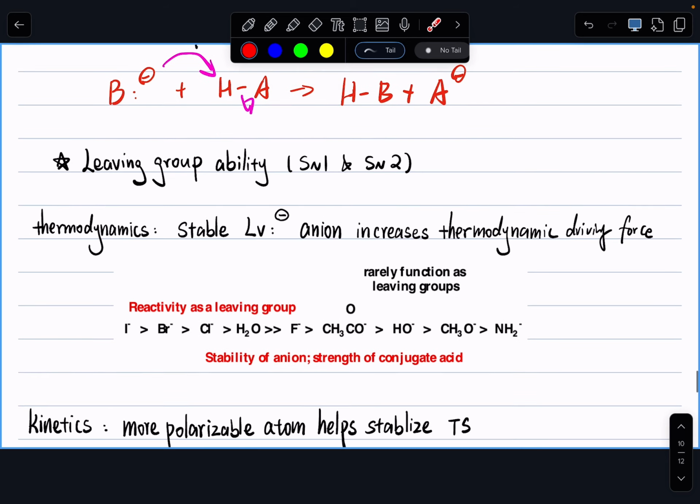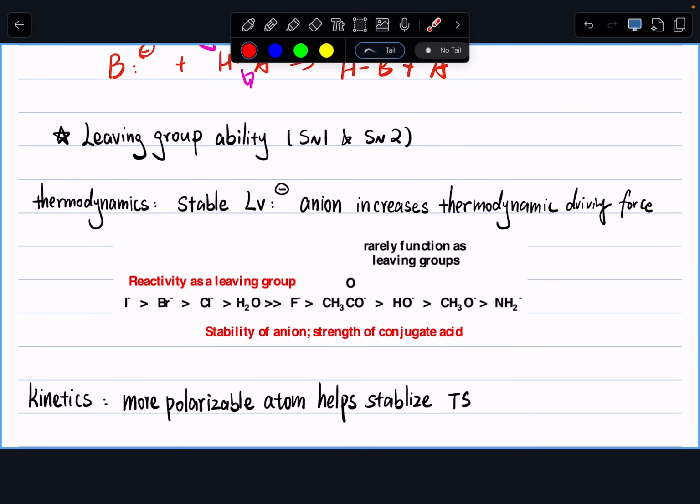In addition, we also have the leaving group ability, which is applicable in both SN1 and SN2 reactions. If we look at the transition state, in your SN2 the leaving group is partially leaving, and in your SN1 the leaving group has left. So in both cases, the leaving group ability will contribute to the rate of your SN1 or SN2 reaction mechanisms. On the other hand, the thermodynamic driving force is also part of the reason we care about the stability of the leaving group.